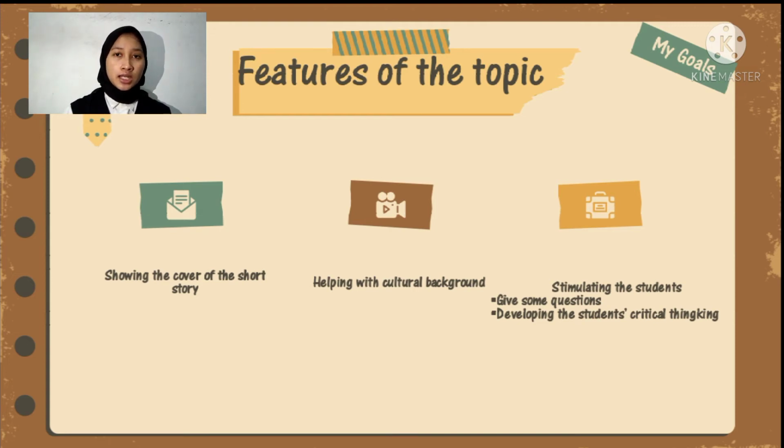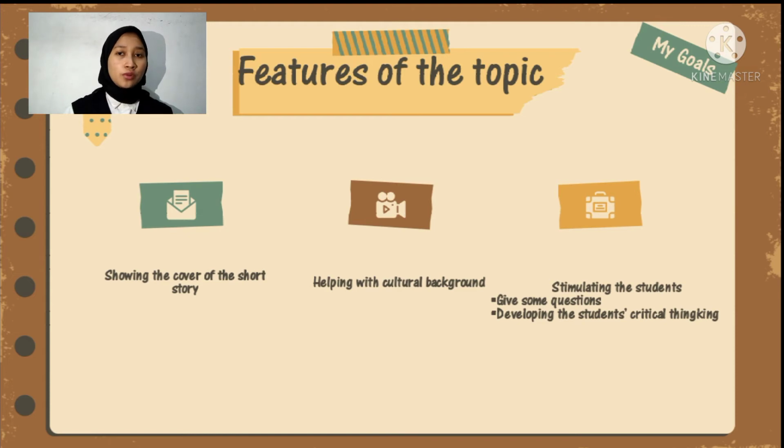In the second activity, I will ask the students to guess what the topic is based on the cover of the short story. After that, stimulating the students by giving some questions such as, have you ever read the short story?